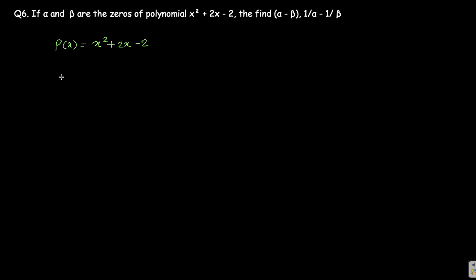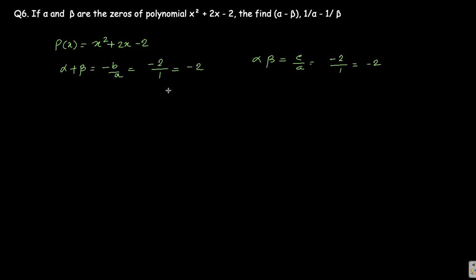Now alpha plus beta is equal to minus b by a. Minus of b, which is 2, by a, which is 1, so it is minus 2. Then alpha beta is equal to c by a. C is minus 2 by 1, that is minus 2.